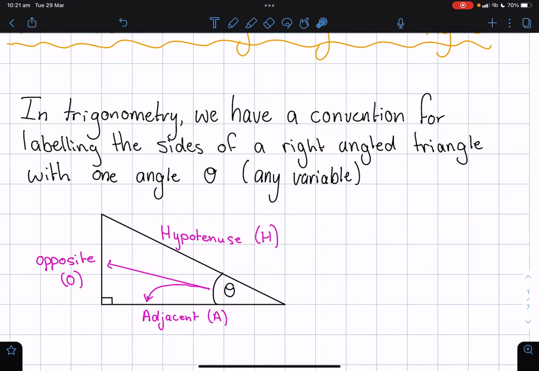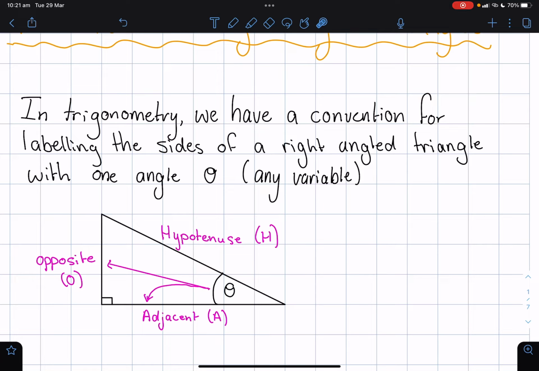Now the opposite side of our angle is the side that is made up by the angle, okay? If we have the two lines that make our angle, the opposite length is that length between those two lines, okay?